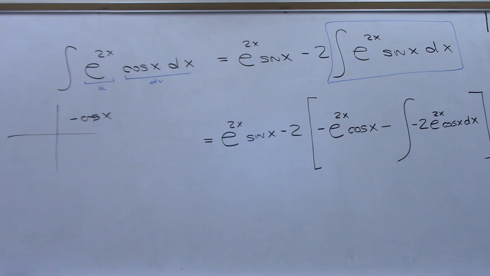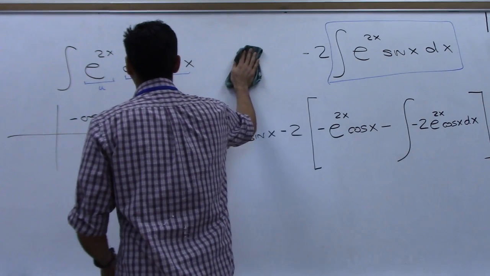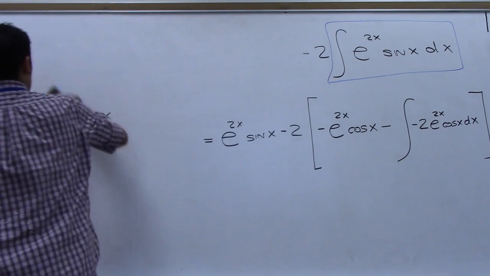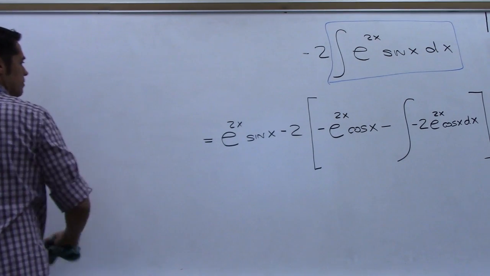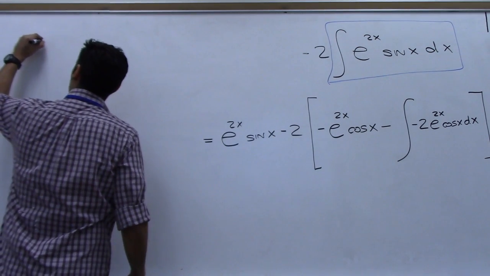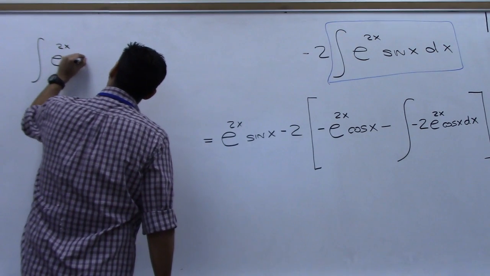Any questions on what I did there? I'm good? All right, so I'm going to rewrite this right here. And I want you to do this also. On your next line, I want you to write down the original problem. This is what we were trying to figure out.